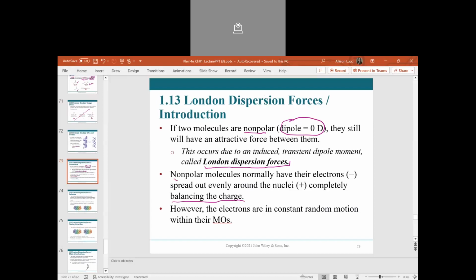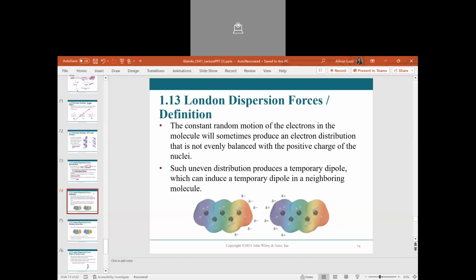Usually, completely nonpolar molecules will behave like this. But we note, if we talk about molecular orbital theory, the electrons are in constant random motion, so we can have a distortion or an induction of charge, an imbalance of charge that creates this interaction.